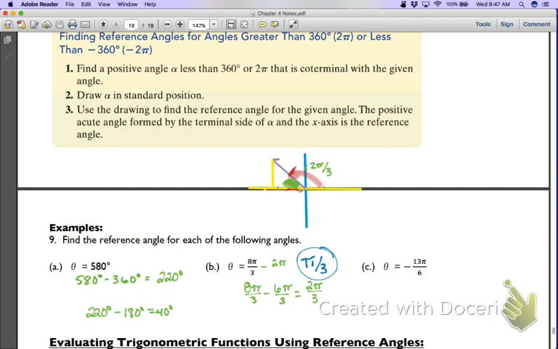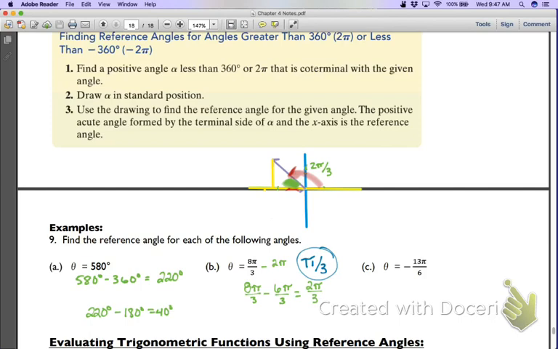Same way if it's negative. Now, like on C, where it's negative 13 over 6. It's still going to be, like in this case, I'm going to really need to add almost 4 pi to it, because it's going to go around and it's still dropping down to be a negative, because I need to find the positive value of it.